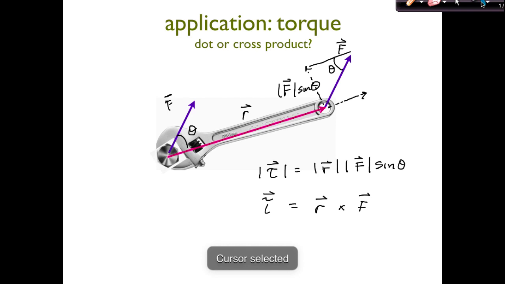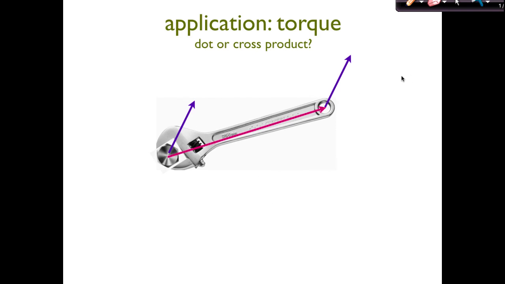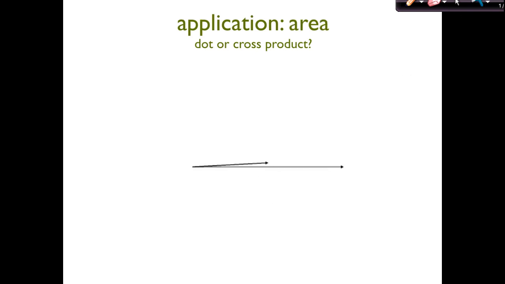Another example. So torque is cross product. How about the next one? Area. Here I'm showing two vectors, and one of those vectors rotates like that. Do you see that, given any two vectors tail to tail, that creates a unique parallelogram?